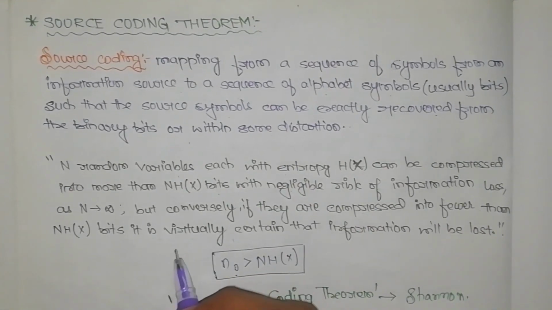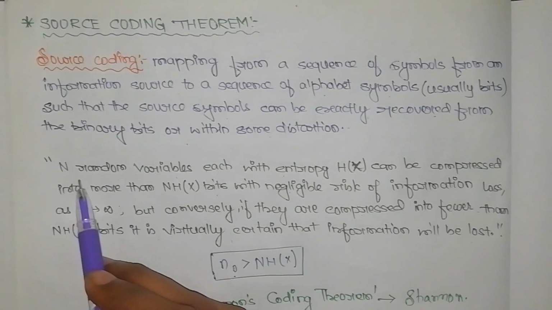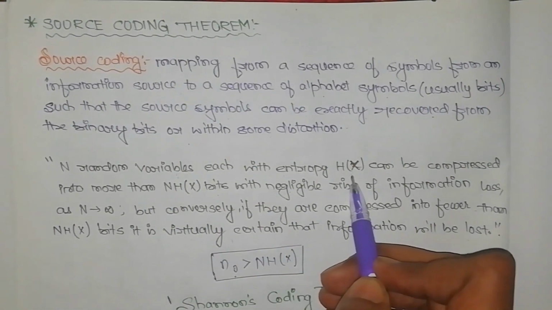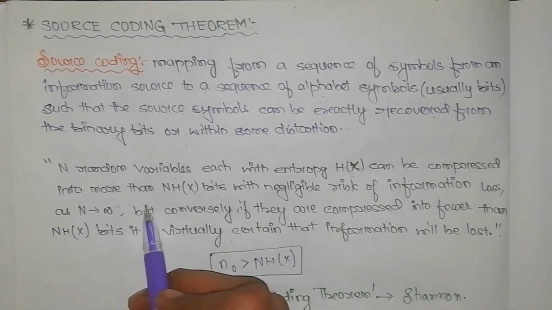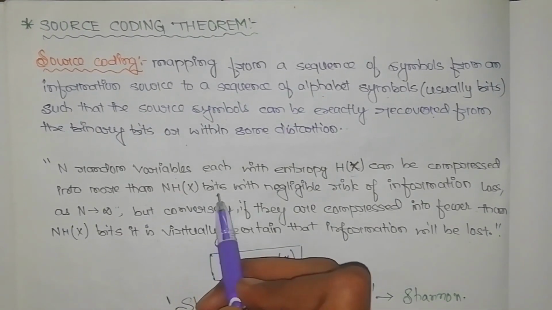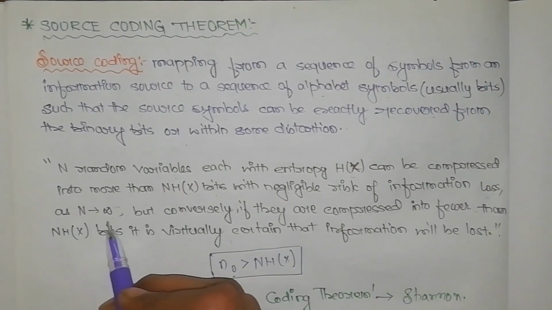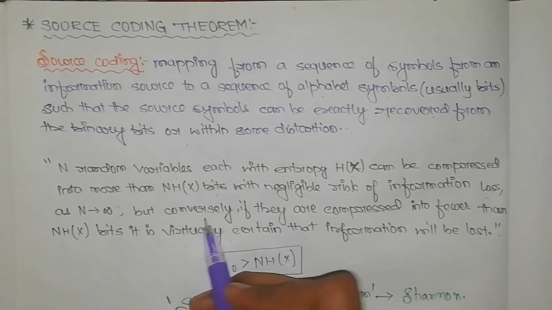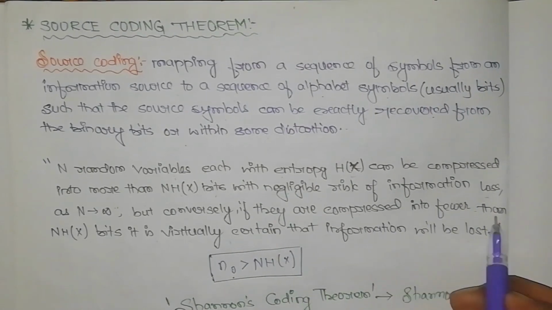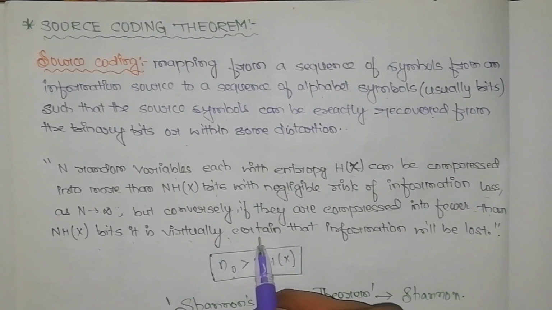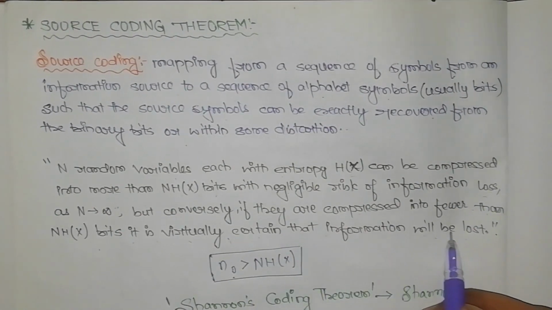So it states that n random variables, each with entropy H(X), can be compressed into more than n H(X) bits with negligible risk of information loss as n tends to infinity. But conversely, if they are compressed into fewer than n H(X) bits, it is virtually certain that the information will be lost.